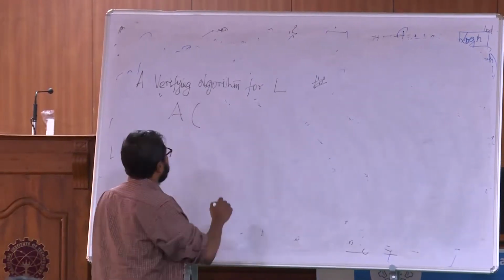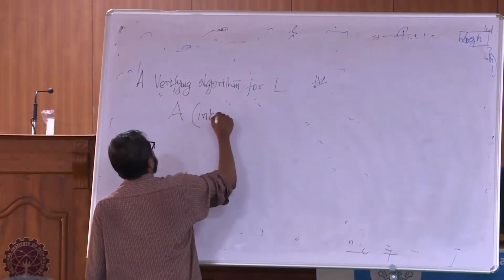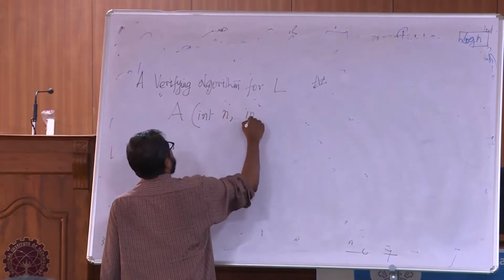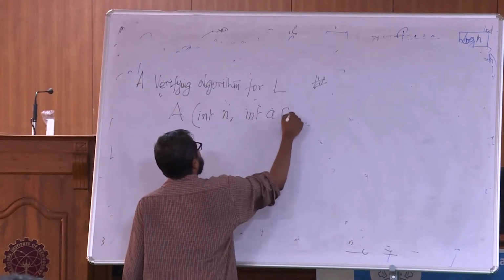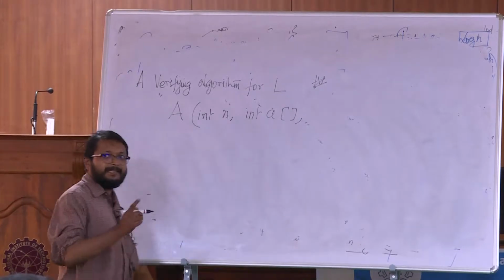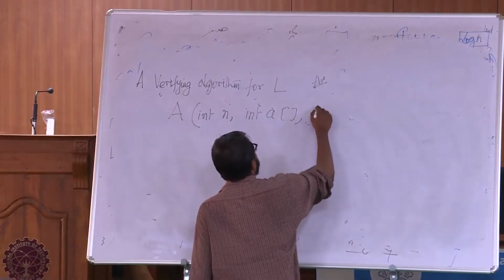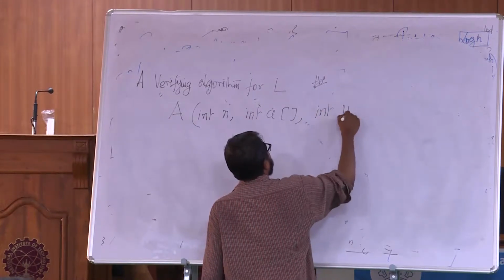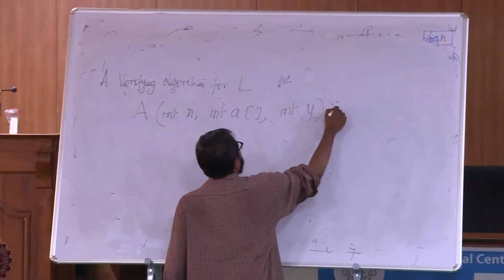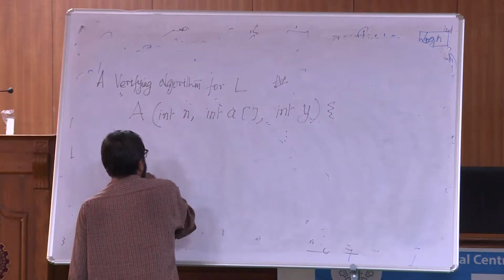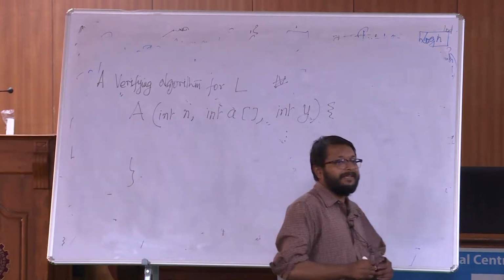So the algorithm must have these inputs: an integer n, an array a, which are the standard inputs to the problem, and then the candidate's number, let's call this y. And then you have some code. This is how the verifier would look.